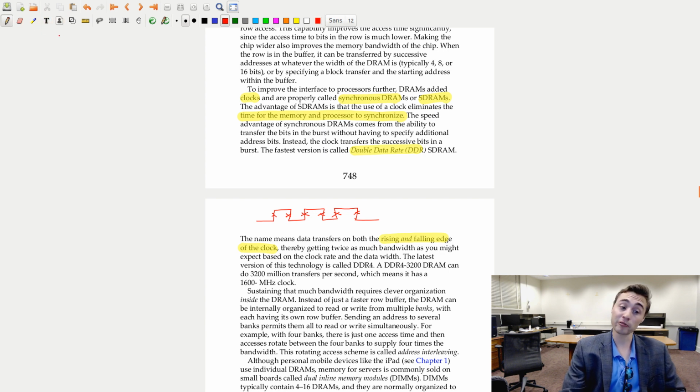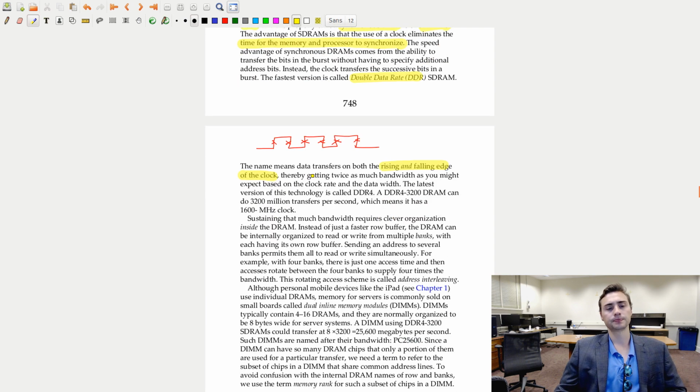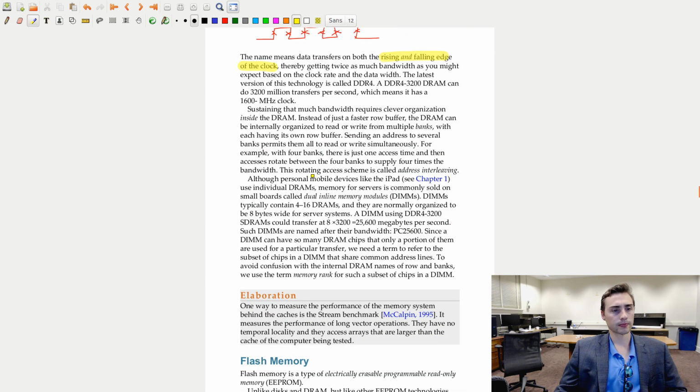It doesn't work for every case, but for DDR, it does work. So we get a little lucky there, which is good. Thereby we get twice as much bandwidth as you might expect based on the clock rate. So we're actually accessing data at twice the clock rate, which is good for the user, especially once data sizes scale, right?